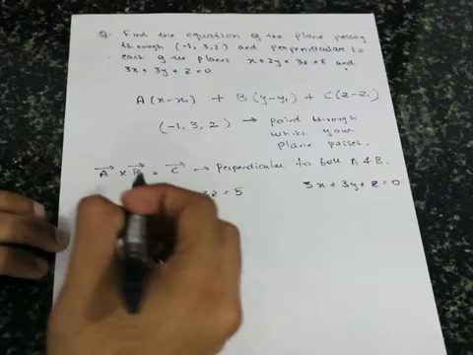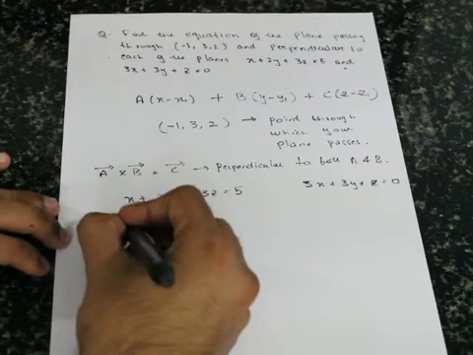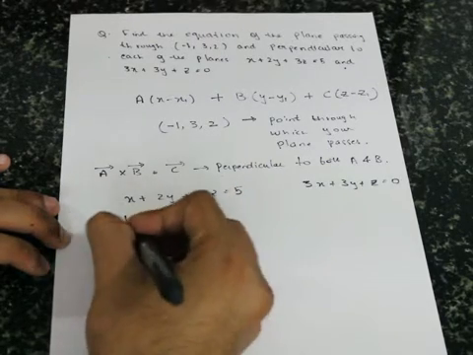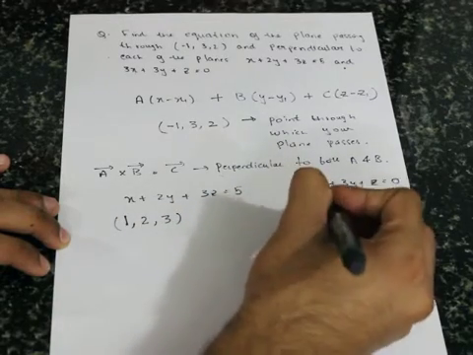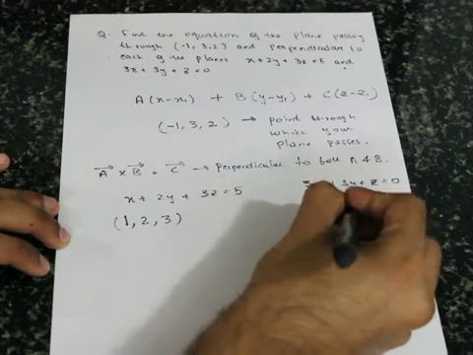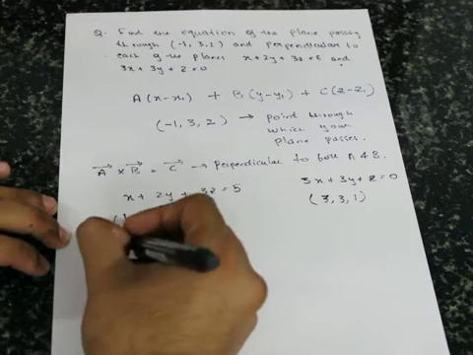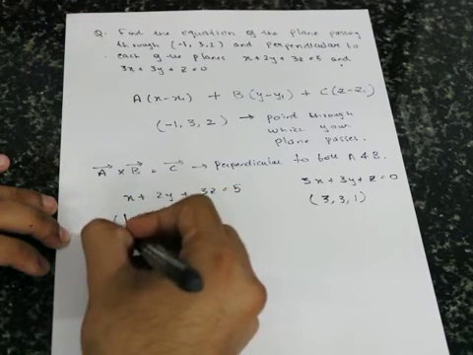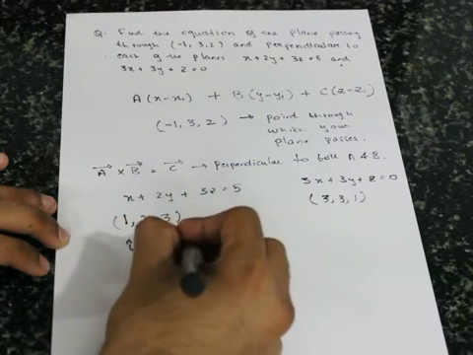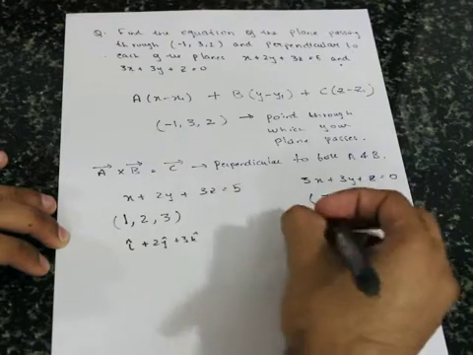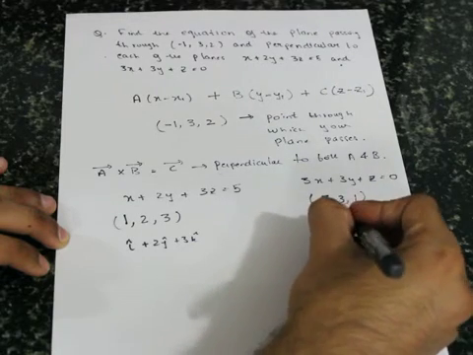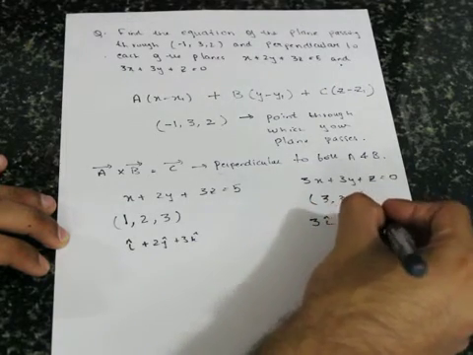So the direction ratio of the normal to the first plane is 1, 2, 3, and the direction ratio of the normal to the second plane is 3, 3, 1. We can write these in vector form: the first normal is i cap + 2j cap + 3k cap, and the next normal is 3i cap + 3j cap + k cap.